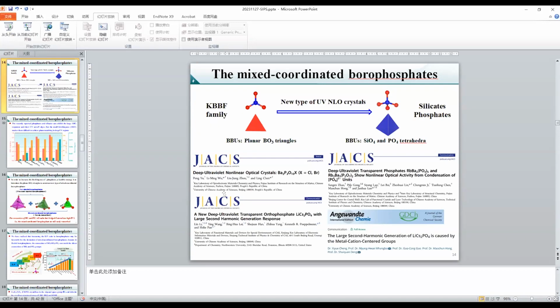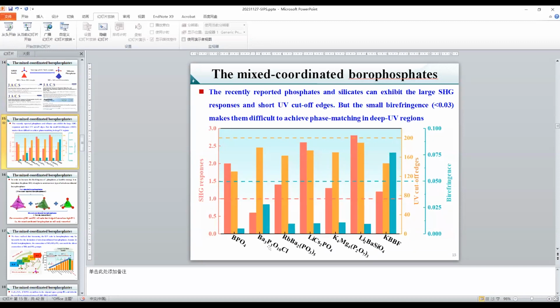Recent research from Chen's group, Pan's group, and Ross's group has put forward some strategies to enhance the SHG response, and they have synthesized a series of SHG-enhanced compounds. For these compounds, we can see the SHG is all larger than 1 times KDP, so they satisfy the SHG requirement, and their cut-off edges are shorter than 200 nanometers, so they can reach the deep UV.